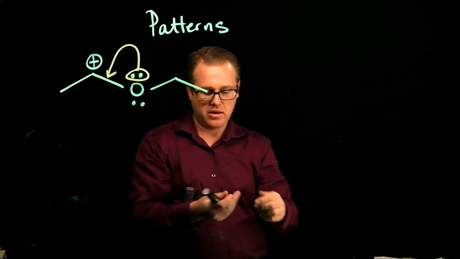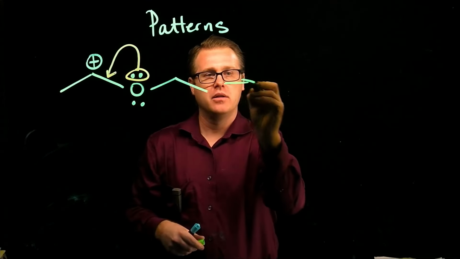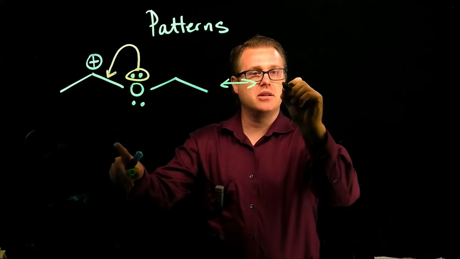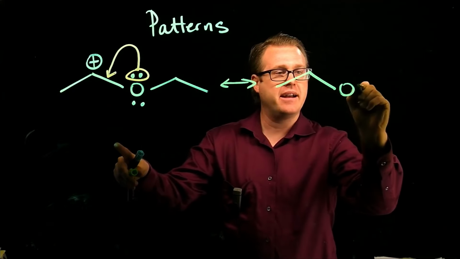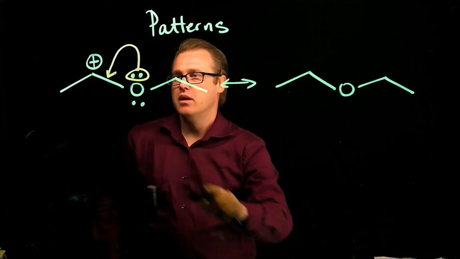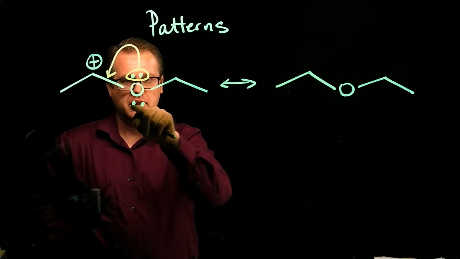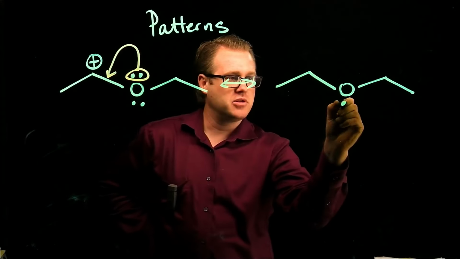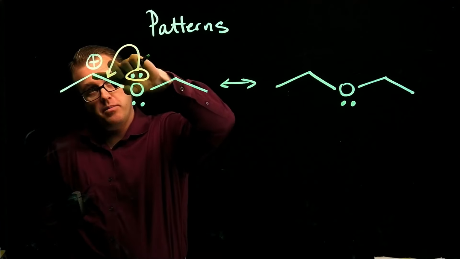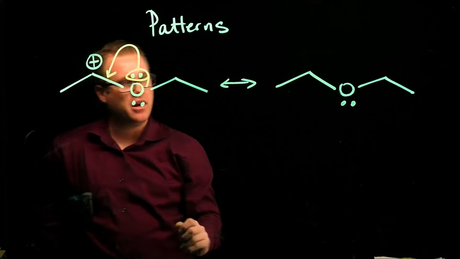I am now forming what? I have to draw my resonance arrow, and I draw all the carbons and atoms just how they are over here. I don't change anything. It says this lone pair right here wasn't used, so it's still there. But this lone pair was moved between the carbon and the oxygen.